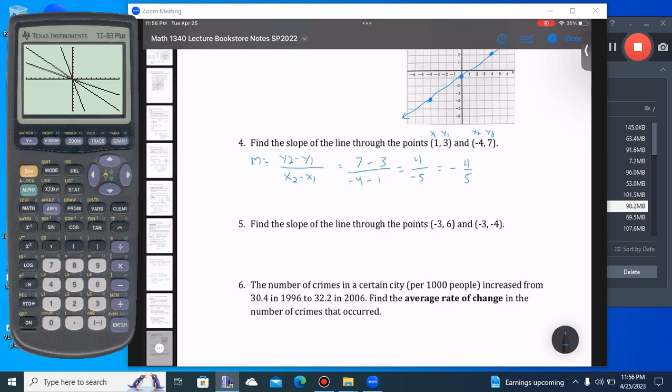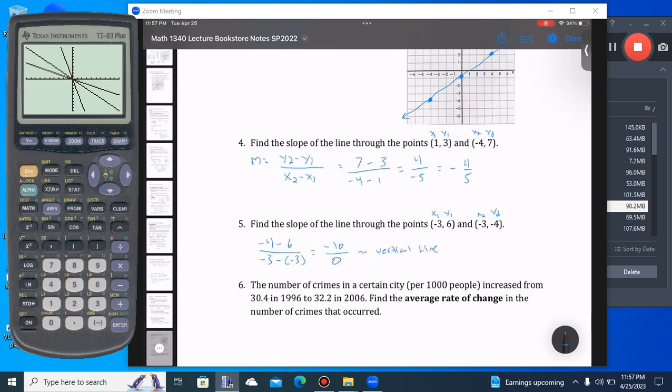Here we do x1, y1, x2, y2. You get -4 minus 6 over -3 minus a -3. We get -10 over 0. And when that happens, we are looking at a vertical line.